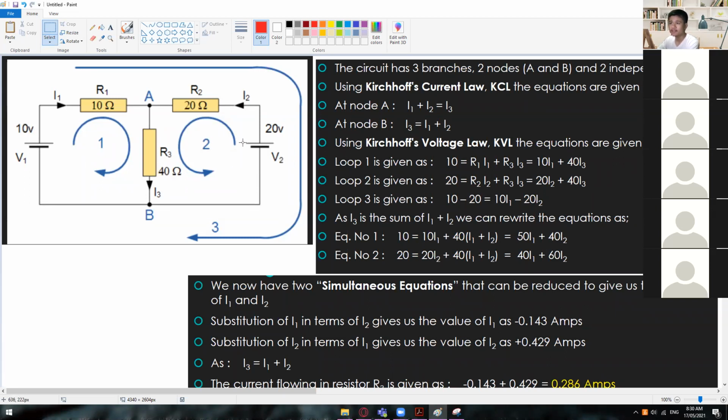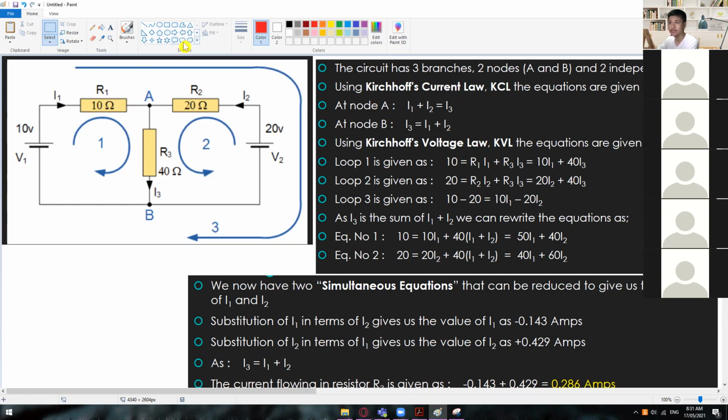But in here, this is what I also use. To be exact, wherever is the positive polarity of the voltage source, that is where I always go for the flow of current. So I don't go the electron way. I always go with the proton way or the positive way.